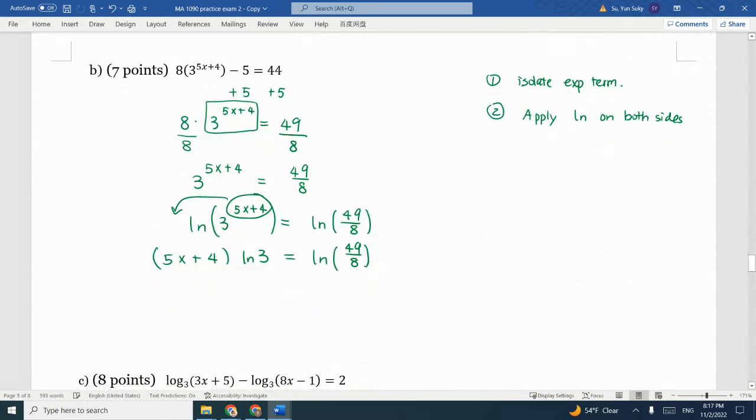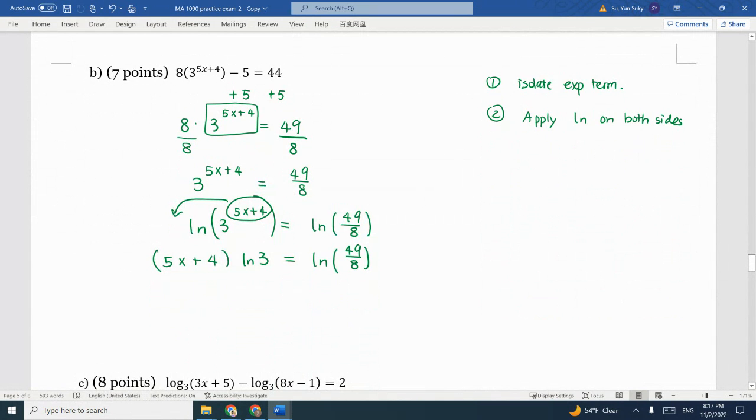Okay, now we want to solve for x. One way is to distribute, but I think it's easier to divide both sides by ln of 3. Then we can get rid of that. We get 5x plus 4 equals ln of 49 over 8, over ln of 3.